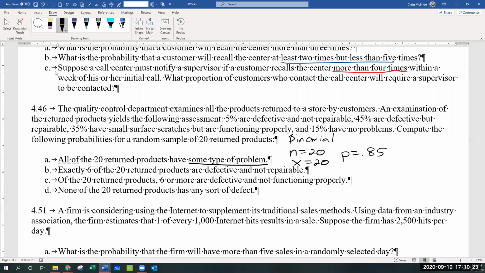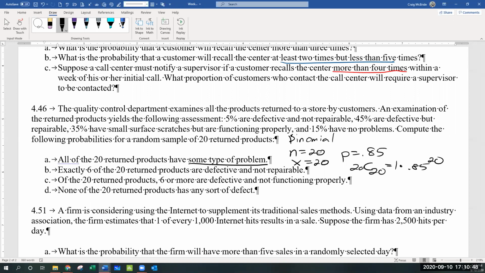But the binomial formula is easy when you're doing all that are exactly the same. Either they all have something or none of them have something. So what's going to happen is you're going to get 20 choose 20, which just equals 1, and then times 0.85 to the 20th.